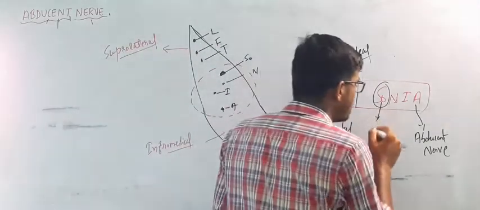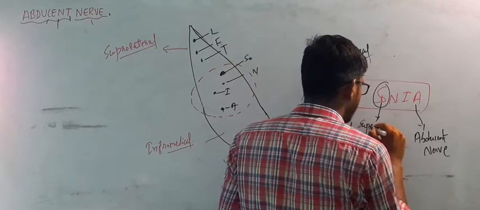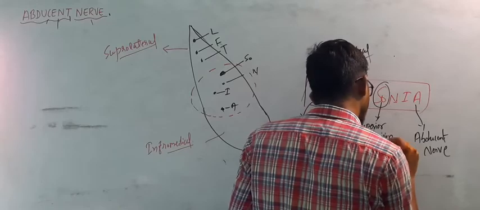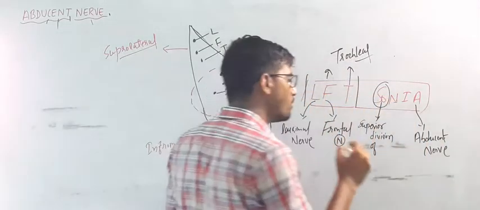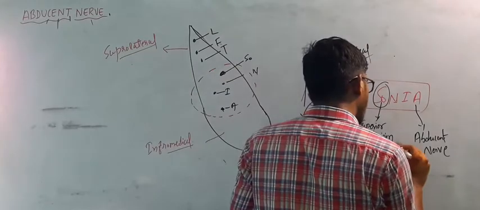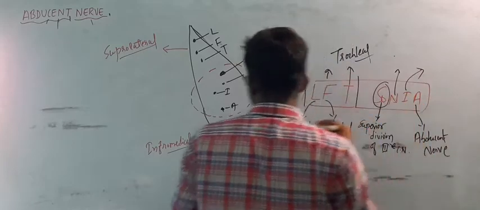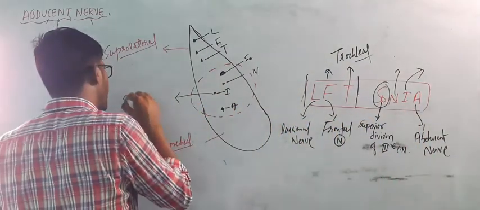So here SO means what? Superior division of O, which means oculomotor nerve, the 3rd cranial nerve. Can you tell me what N means? And I means what? Inferior division. Yeah, very good.